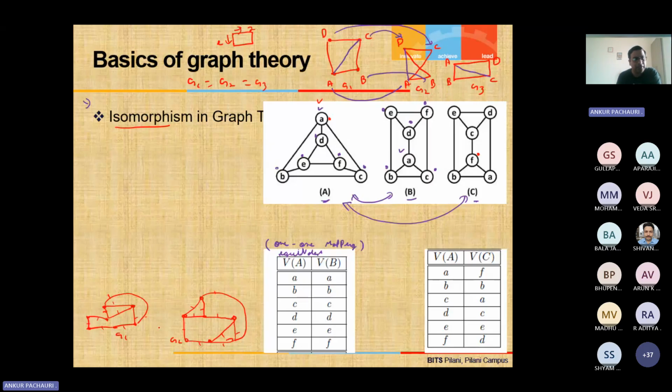So that means the orientation is not the same. So we can say that it is not isomorphic. Wherever there's a mismatch, I can say those 2 graphs are not isomorphic.